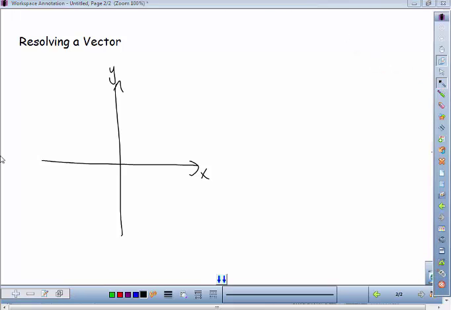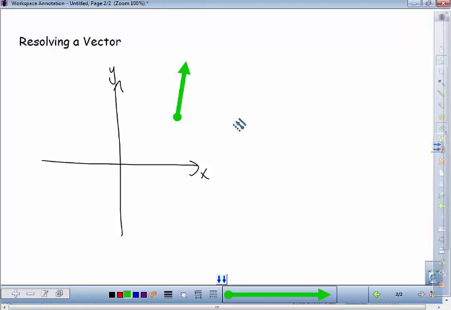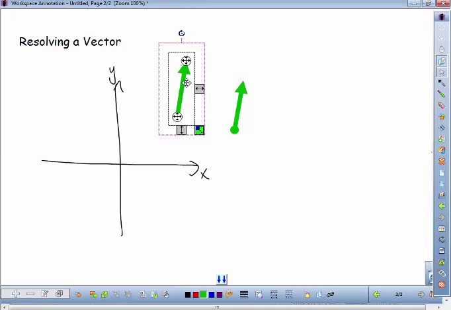So if we have a vector out somewhere, and then we had another vector out somewhere. It kind of looked close. To figure out whether these two vectors are the same, one of the things that we can do is what's called resolve the vector. And the way for us to resolve the vector is to take that vector and put it in standard form.